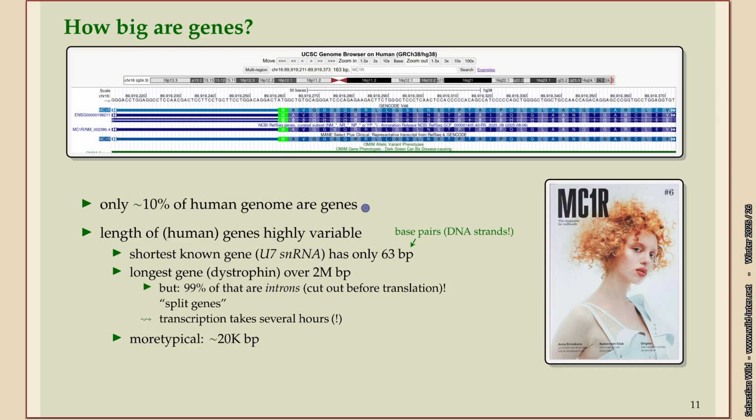Anyways, what's the length of the genes? That will become important for us in a second. There are some genes that are very, very short, just 63 bases. This BP is the usual unit that people give. It's just letters. People write BP because it's base pairs.